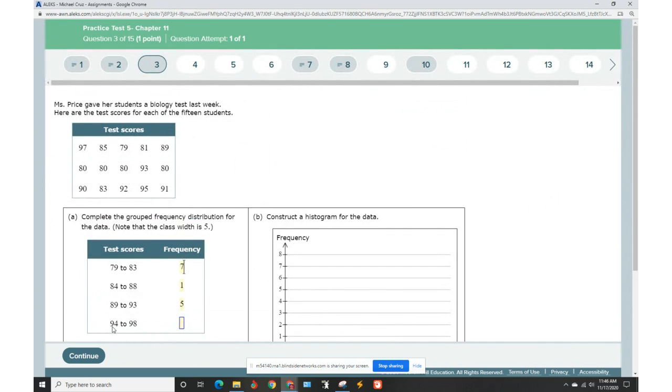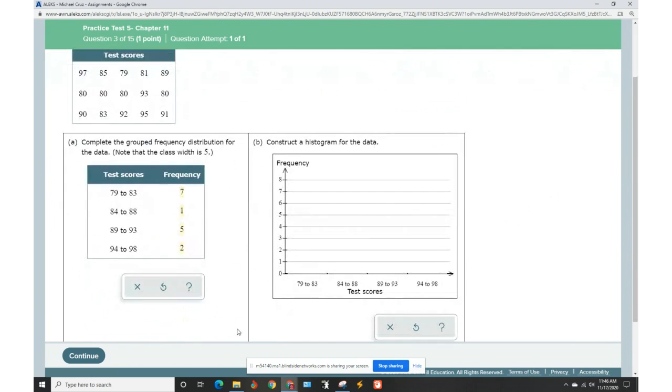So let's see if we can find anything 94 to 98. All right. So there's a 95 in there, and the 97 on the first row. You're right. There we go. All right. So now we got 7, 1, 5, and 2.